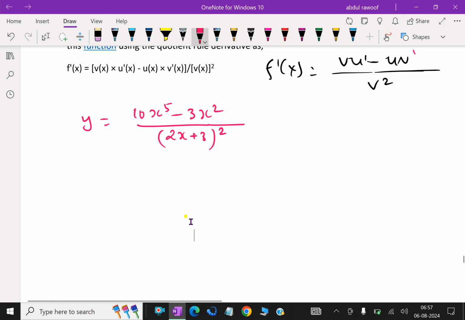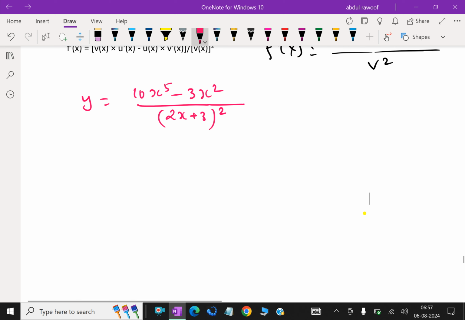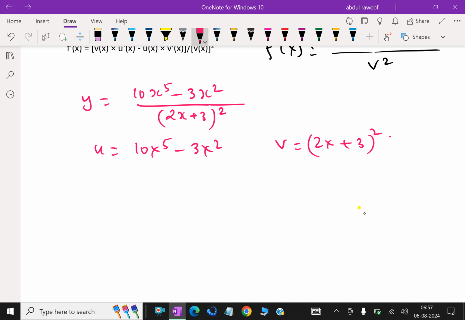Here, how to differentiate this? This has a numerator and denominator. Let u equal 10x power 5 minus 3x square. Then v equals (2x plus 3) the square.